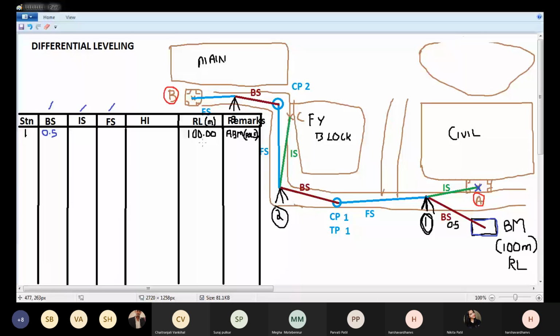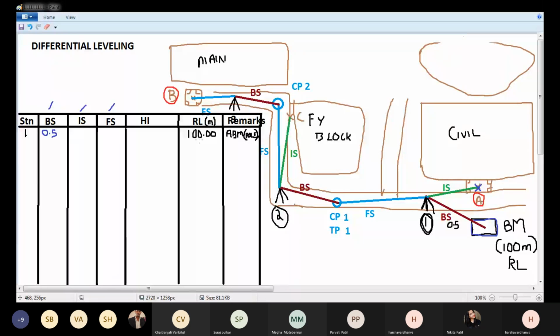Now I have to find the difference in elevation between both the points. Are these two points intervisible? No, they are not. If you stand at point A, point B is not visible. If you stand at point B, point A is not visible. So they are not intervisible.